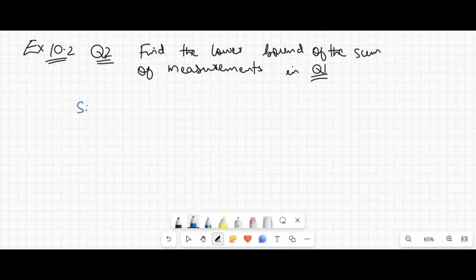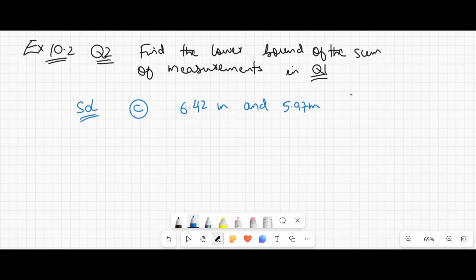So for finding the lower bound of a sum, in part C there was a question which says that we have 6.42 meters and 5.97 meters. The two measurements are given.